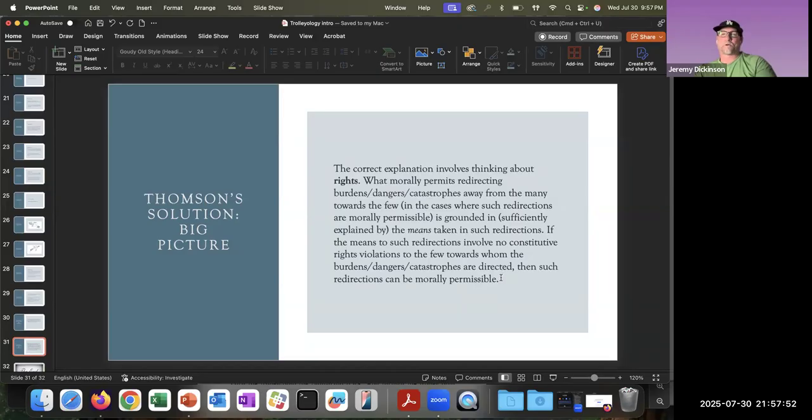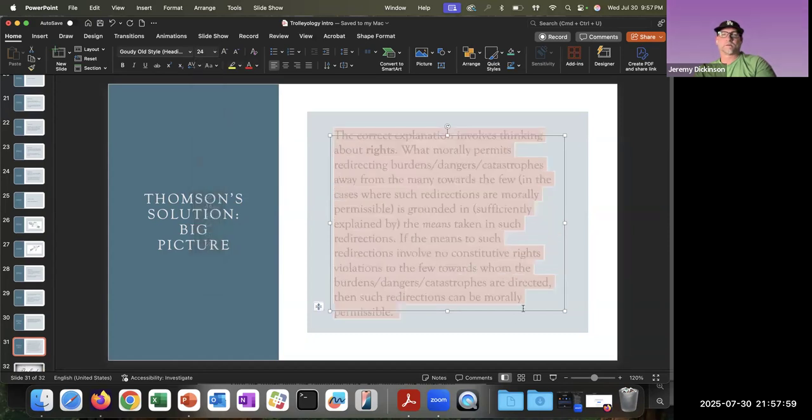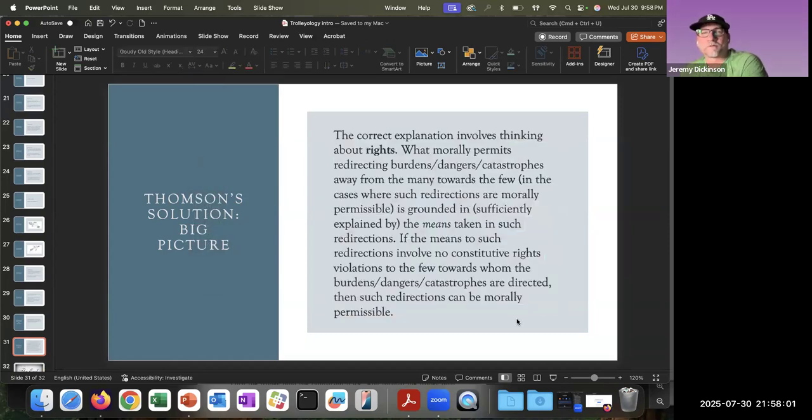The correct explanation, let me see if I can make this a little bit bigger. I know it's a lot of words on this slide. So the correct explanation involves thinking about rights, as we know. We're just zooming out here a little bit and summarizing. What morally permits redirecting burdens, dangers, and catastrophes away from the many towards the few, in the cases where such redirections are morally permissible, is sufficiently explained by the means taken in such redirections.